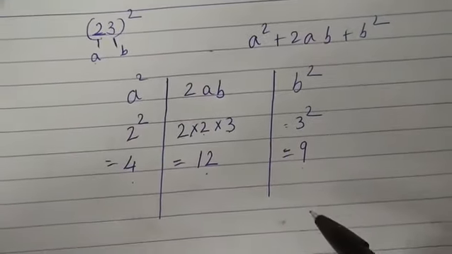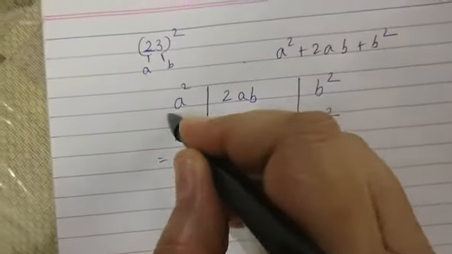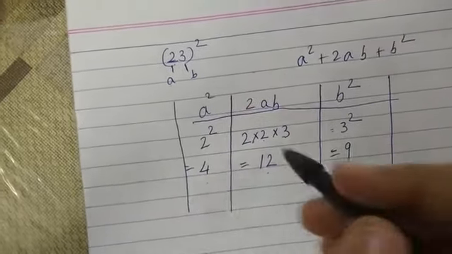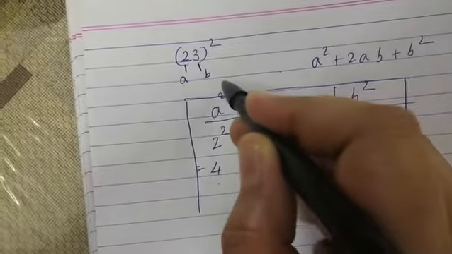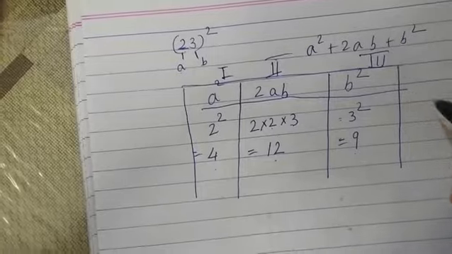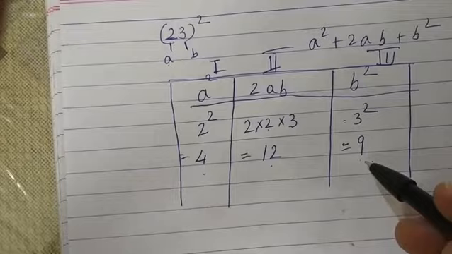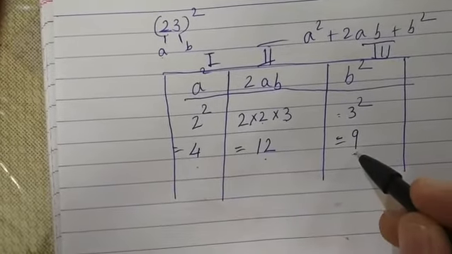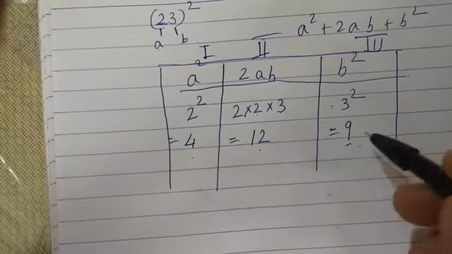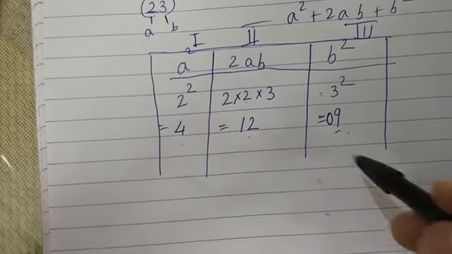Now our next step is to start from the third column. This is column 1, column 2, and this is column 3. So start from the third column. Here only one digit is there, so only the unit digit is there, and in the tens place nothing is there, so we can write 0 ourselves.